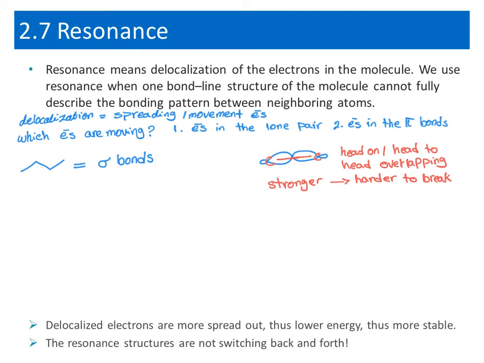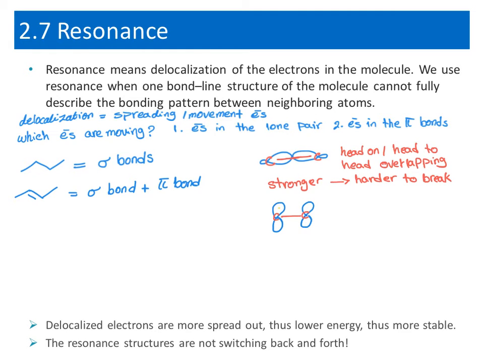Now, if you consider the structure of an alkene, an alkene has a sigma bond and a pi bond. And the pi bond is formed by side-by-side interaction of p orbitals on each carbon.